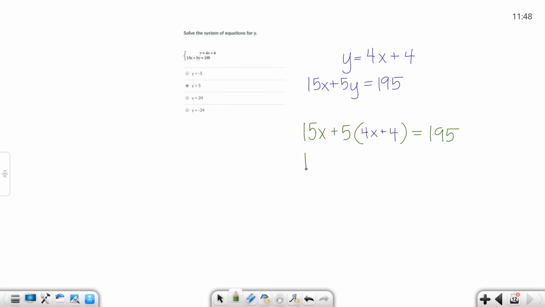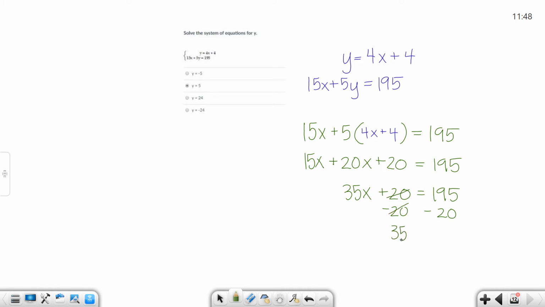Okay, now we can solve out this equation. 15x plus 20x plus 20 equals 195. 35x plus 20 equals 195. Subtract 20. 35x equals 175.